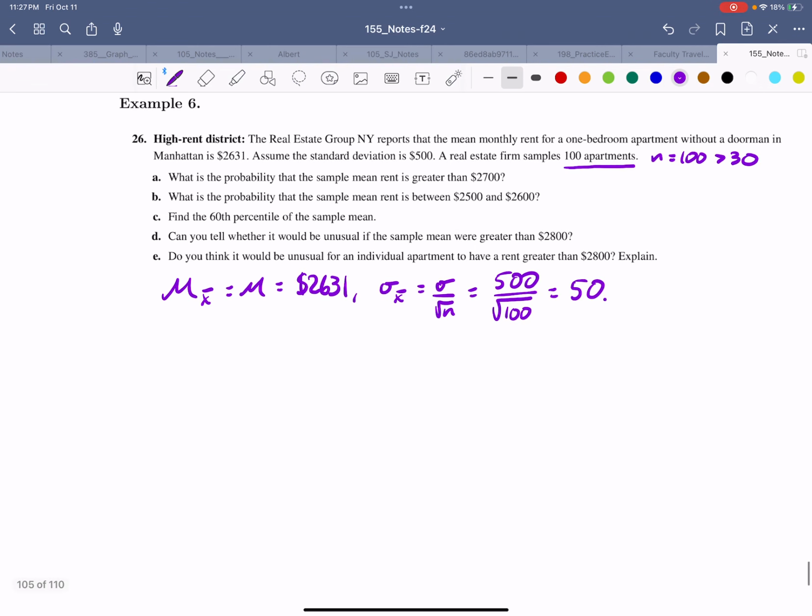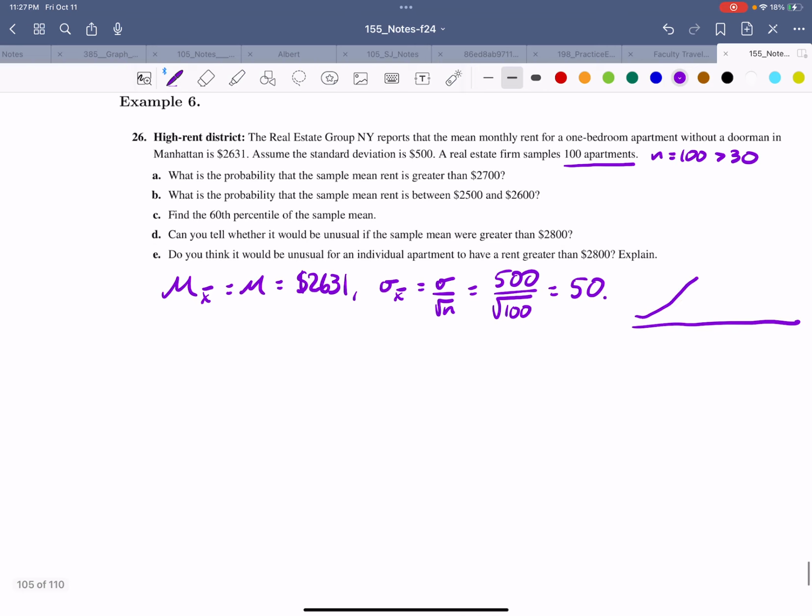So we've got a chart that looks kind of like this. This is a sampling distribution. So our mu is still 2631. We go out one standard deviation, we subtract 50, so we have 2581, and then this is 2681. Dollar signs, right there, okay.